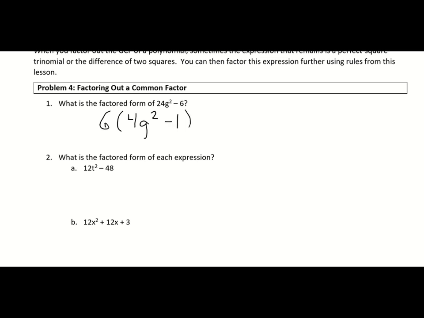Remember, once you factor out a GCF, see if what's left can be factored. This is a difference, and I know that 4 and 1 are perfect squares. So I'm going to factor this, keeping the 6 on the outside, to 2g, because that's the square root of 4, minus 1, because that's the square root of 1, and 2g plus 1.